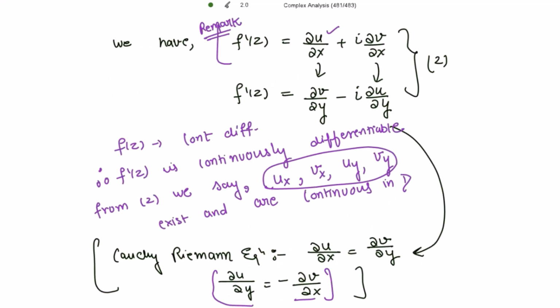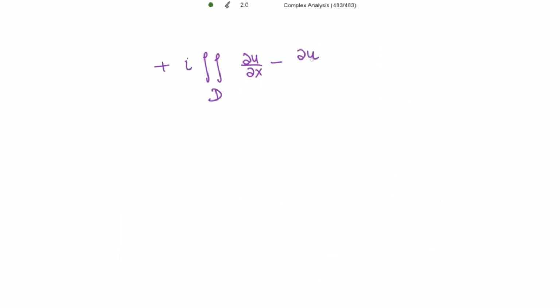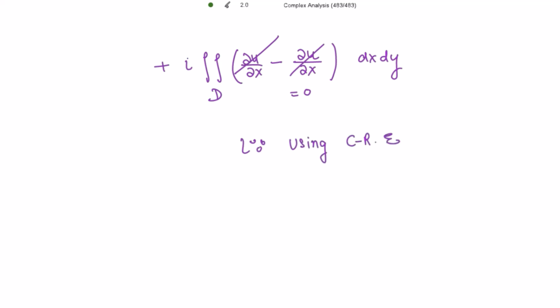The partial derivative of v with respect to y is the partial derivative of u with respect to x. So these two are the same and opposite, so I am also cancelling this, and this is also 0. Reason: we have used the Cauchy-Riemann equations, using the CR equations.